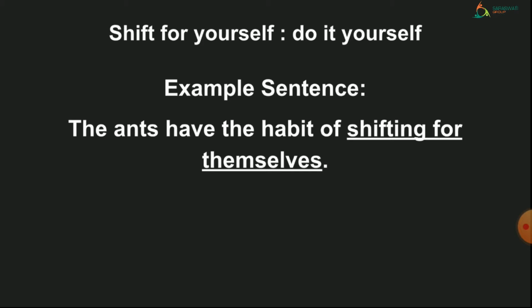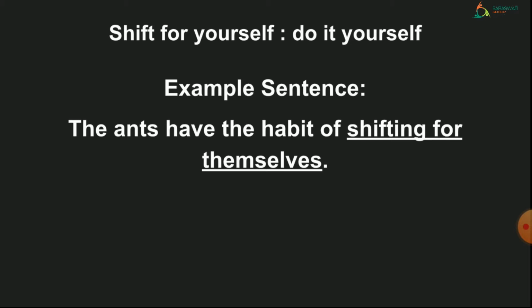We have many a time heard these words, do it yourself, right? Nowadays it is related to some projects also which we can do on our own. That is known as do it yourself, something which we can perform on our own. So that phrase means something which we can do ourselves.